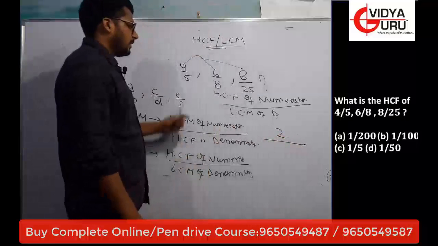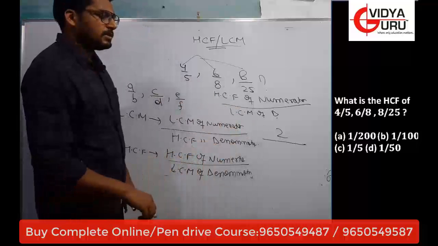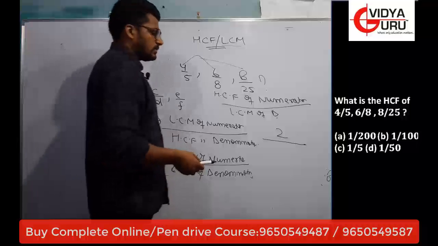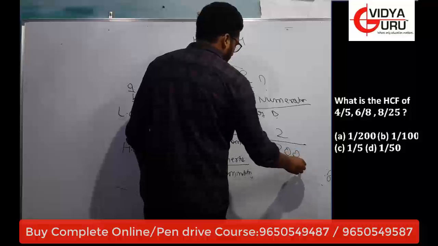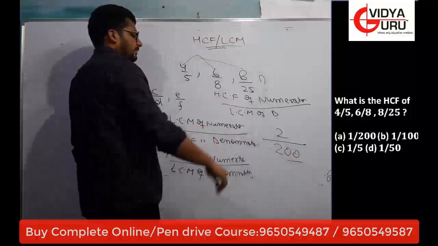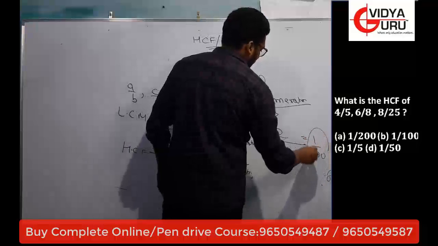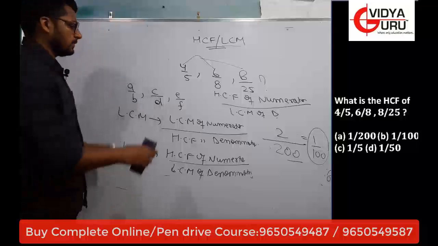And LCM is a number which is divisible by 5, 8 and 25. Such a number is 200. LCM of 5, 8 and 25 is 200. So the answer will be 1 by 100.